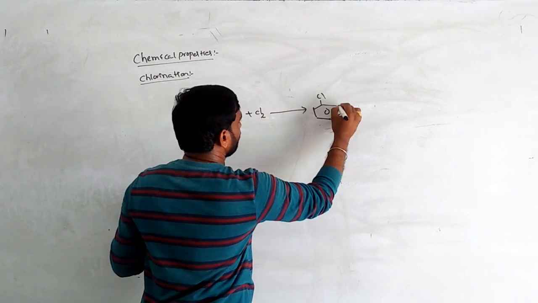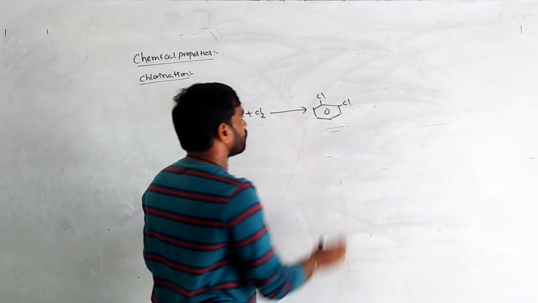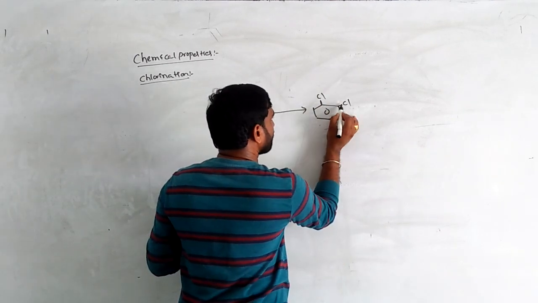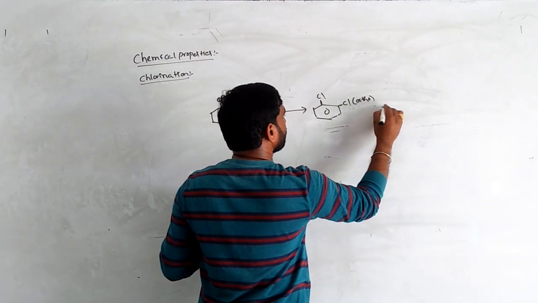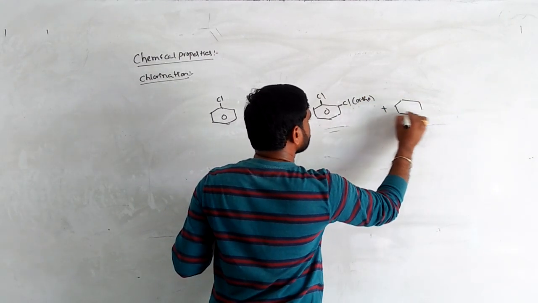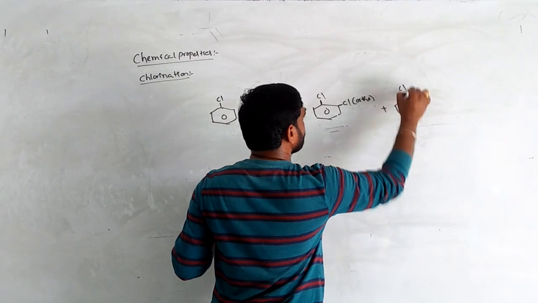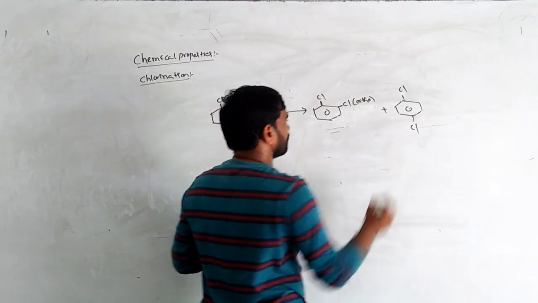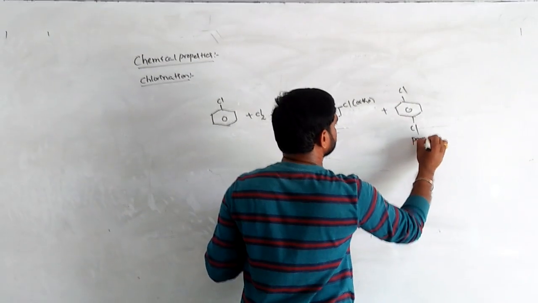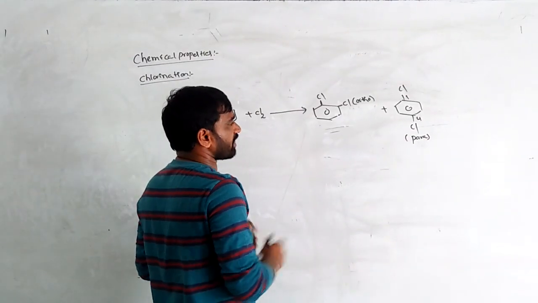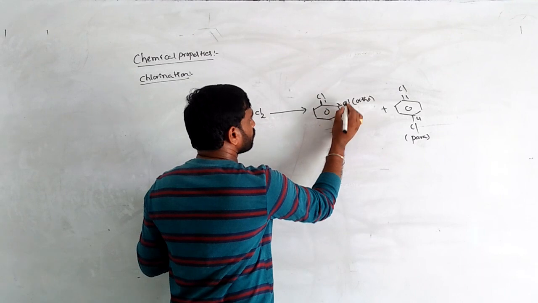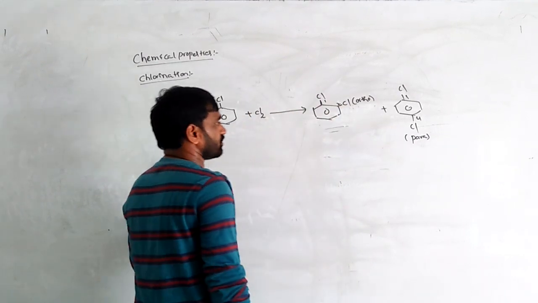To give ortho chloro, two substituents are adjacent. Adjacent positions are known as ortho. And para means two groups are opposite. 1,4 positions are known as para positions. 1,2 adjacent positions are known as ortho positions.